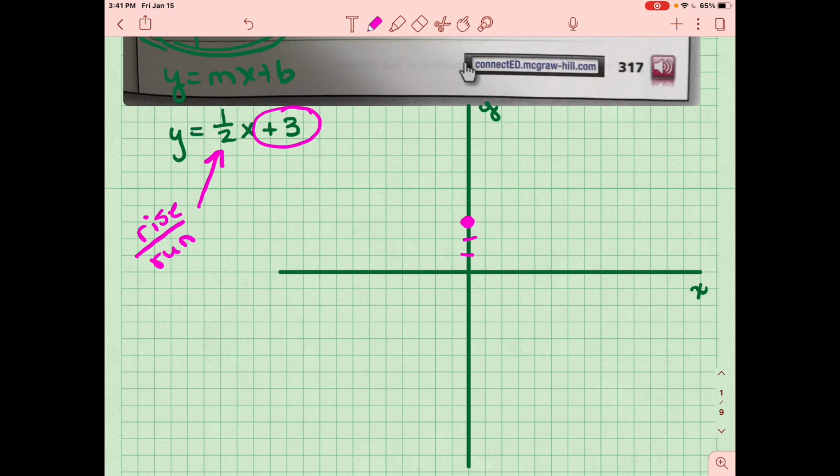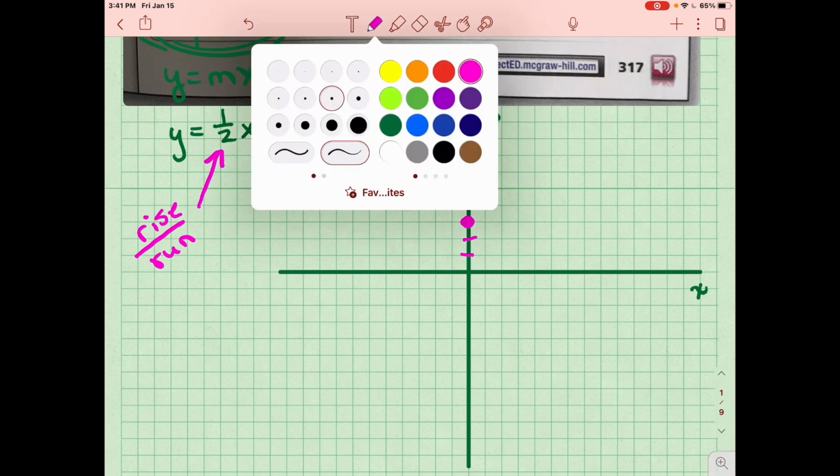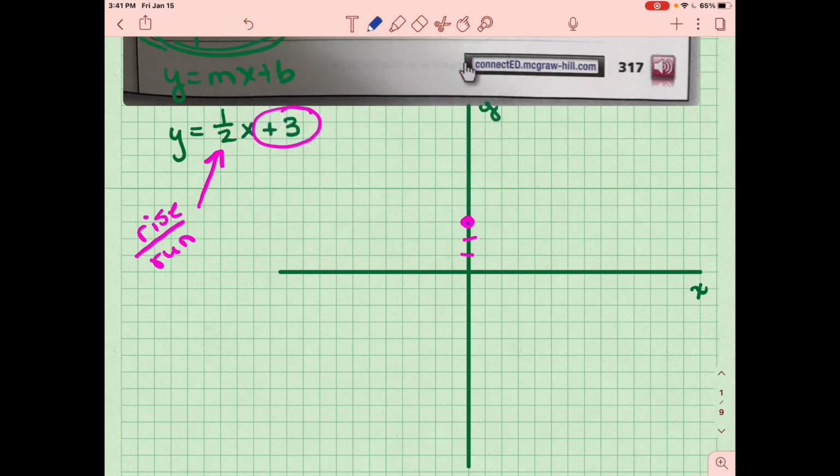So from the place where I put my y-intercept, I'm going to rise 1, that would be to there, and then I'm going to run 2, 1, 2, and then I'll put a dot. I can do that a couple times if I want to. Rise 1, run 2, rise 1, run 2, if I wanted a little more to connect.